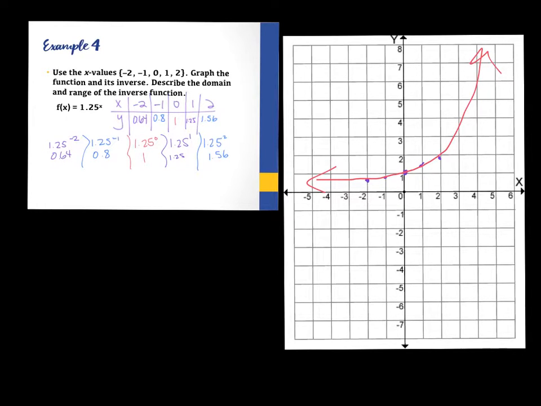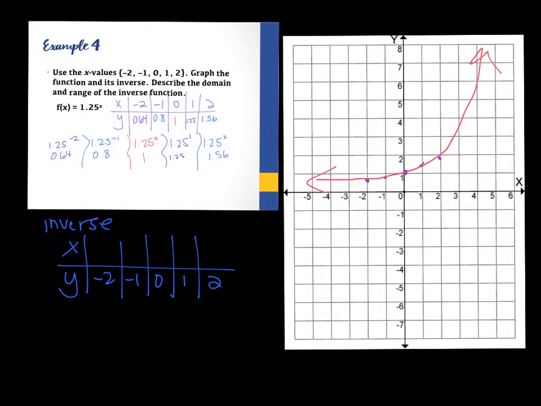How do I graph the inverse? Switch my x and y's. So now my y's are -2, -1, 0, 1, and 2. And my x's are 0.64, 0.8, 1, 1.25, and 1.56.